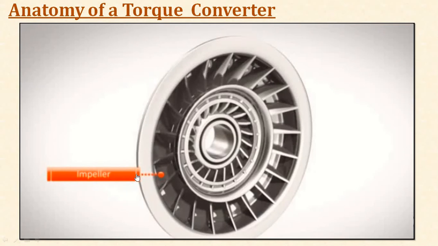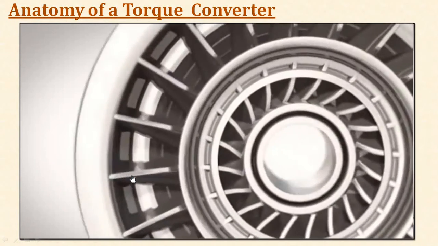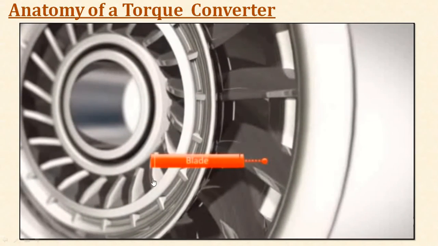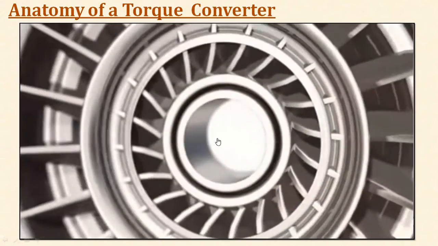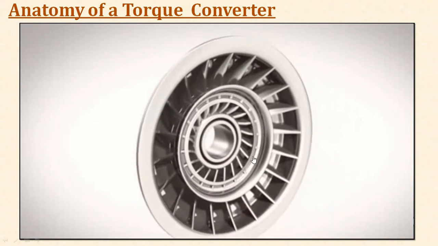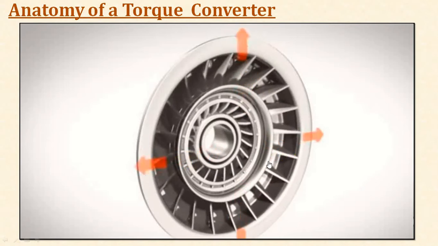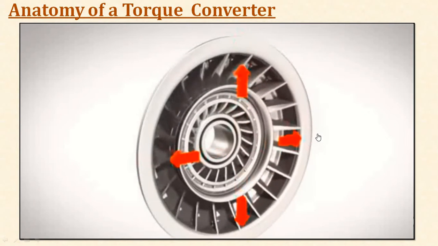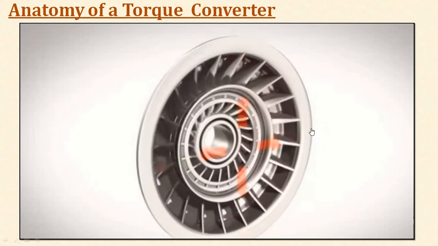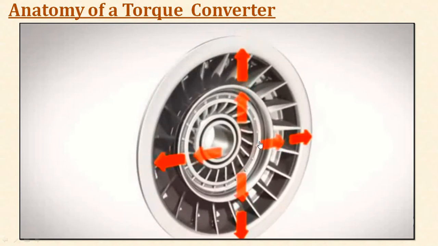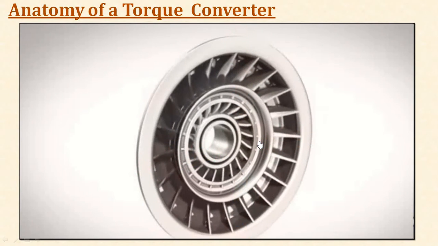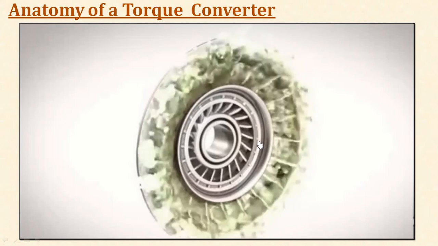The middle one is the stator, and the additional member is in between the impeller and the turbine. High pressure fluid is sprayed outside the impeller, which is a pump, at a specific speed.